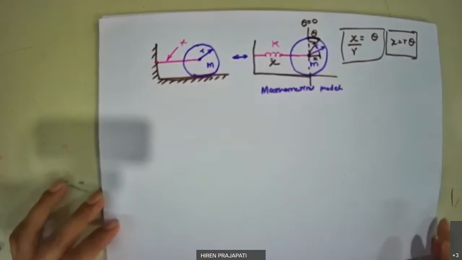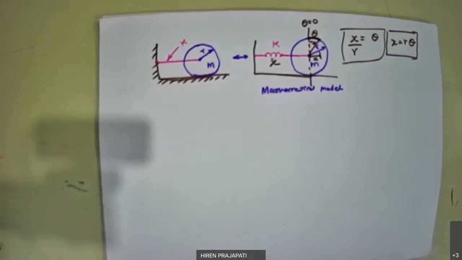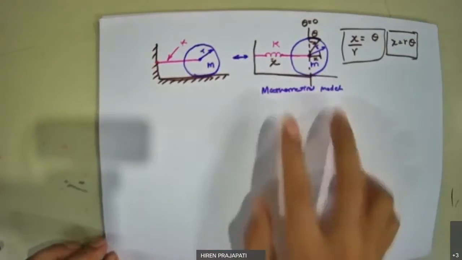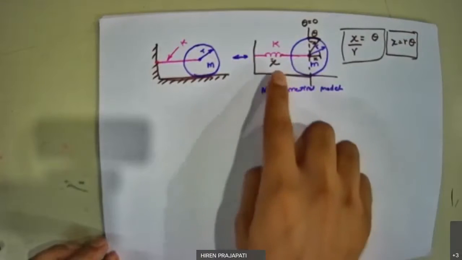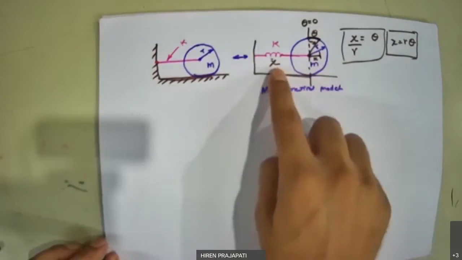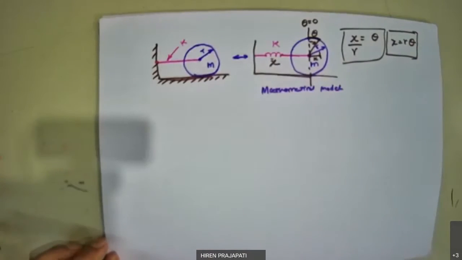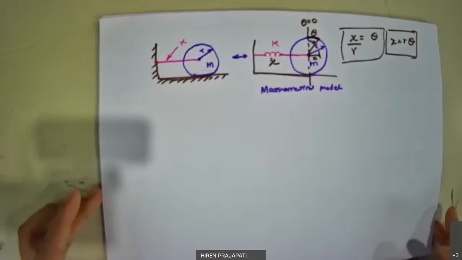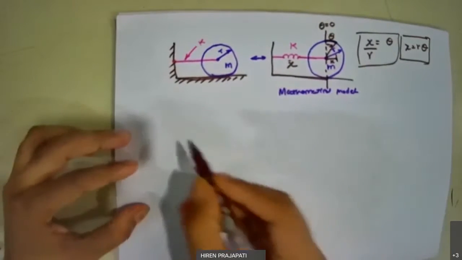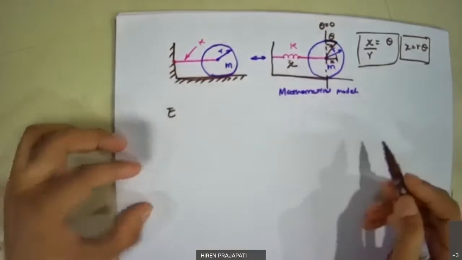As we have seen in the previous session, the energy approach is simple and easy for this type of system, where we have two coordinates, the x coordinate as well as the theta coordinate. So we now apply the energy principle to solve this problem. So, energy approach.